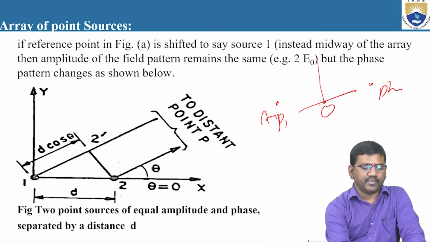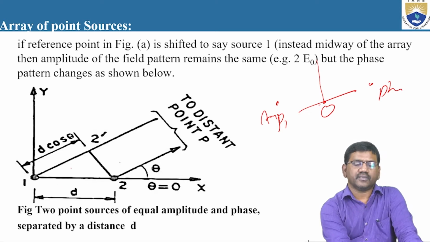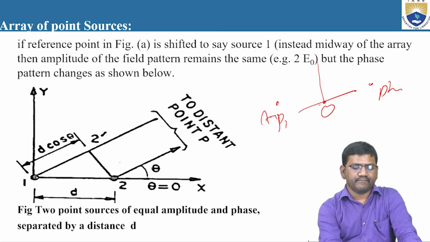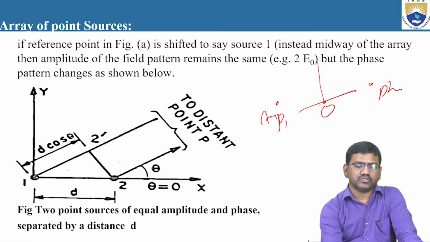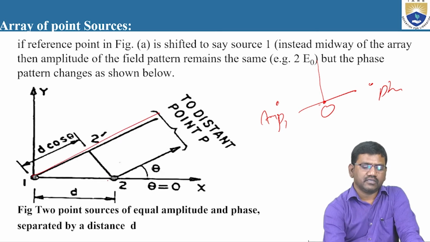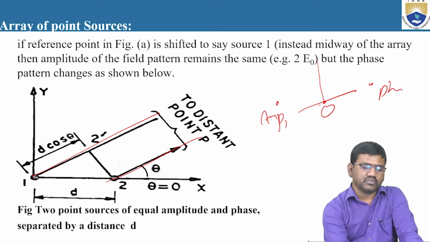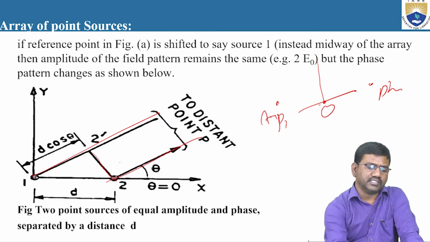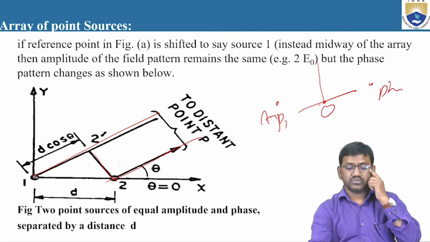You can see here the path distance between 1 and 2 dash is represented as d cos theta. Draw two parallel lines from point source 1 and point source 2, and draw a perpendicular line from 2 dash to 2. So 2 dash and 2 represents the perpendicular to the x-axis.